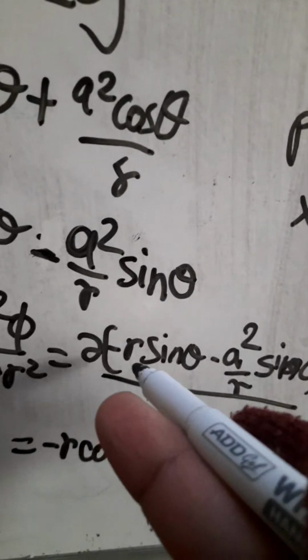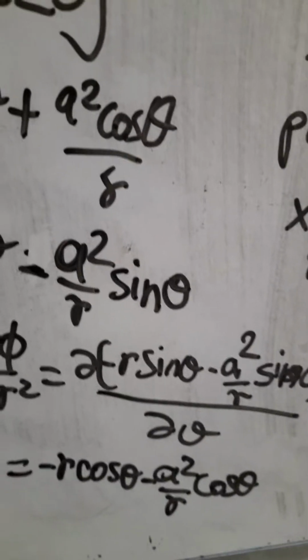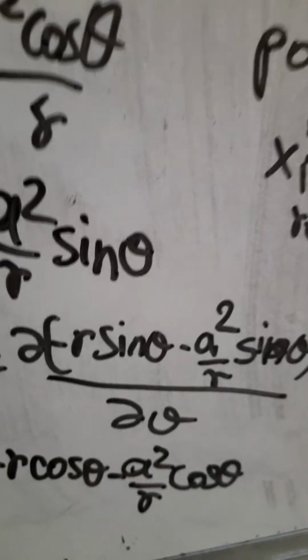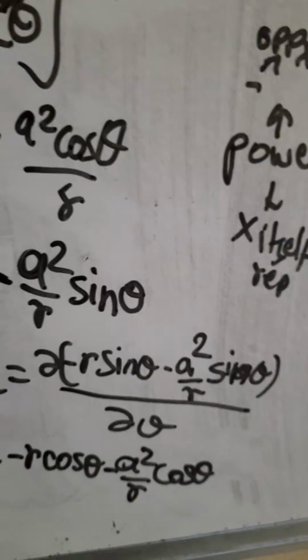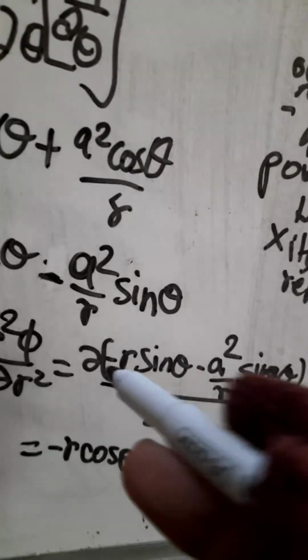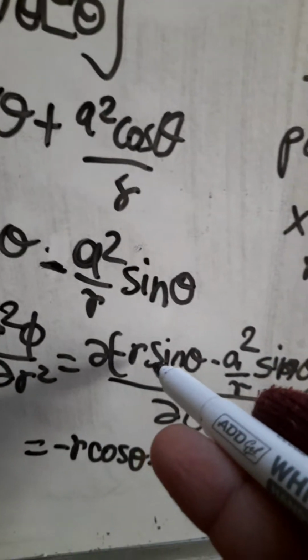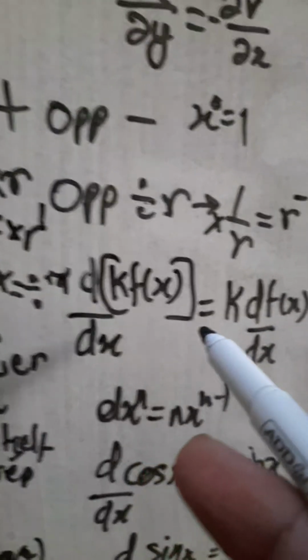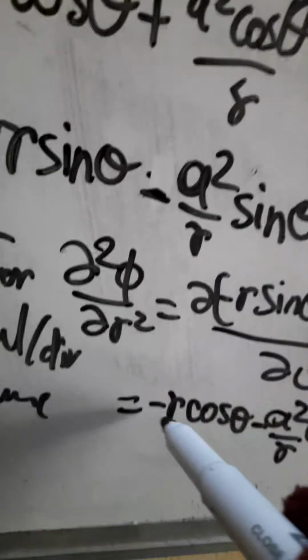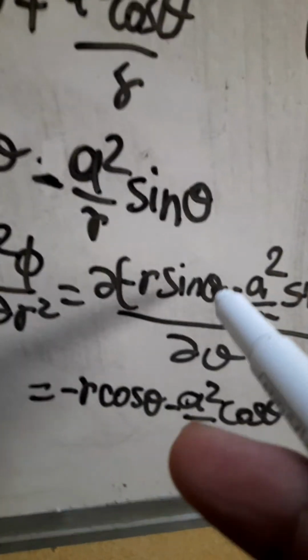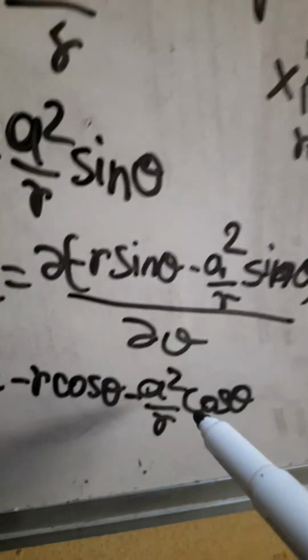Since this constant r is multiplied with this variable function, joined with sine theta, it is not taken as a standalone constant, it is taken as a coefficient. The coefficient rule I said here: just take the coefficient out, take the derivative of the function, and multiply by the coefficient. So I take r out, and the derivative of sine theta is cos theta, as I showed you.